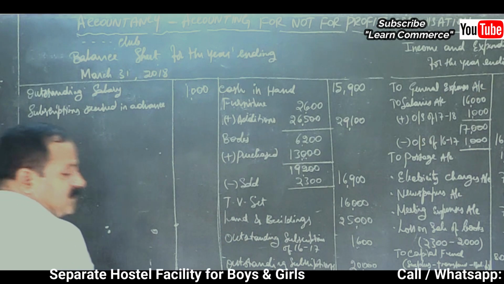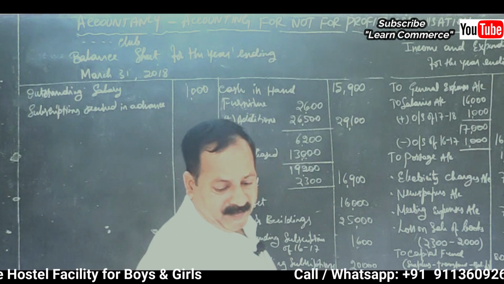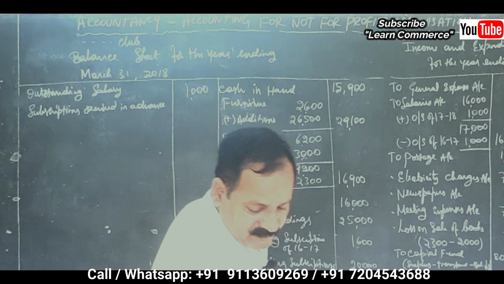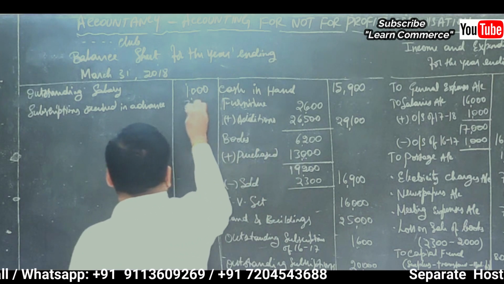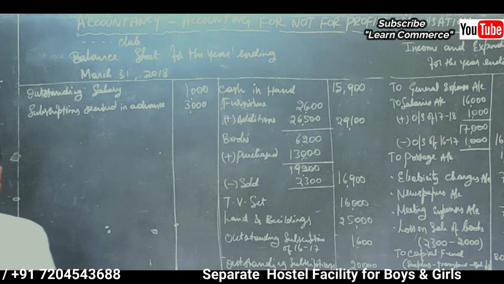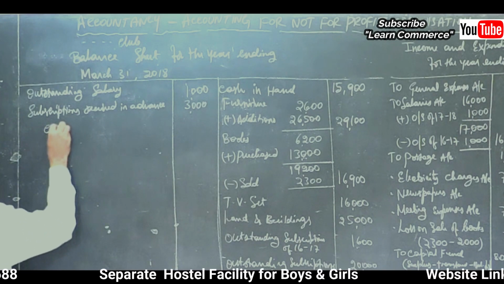That is next year subscription received. Refer receipts and payments account. On the debit side, how much is it? 3,000, right? Yes. 3,000. Then that's all.